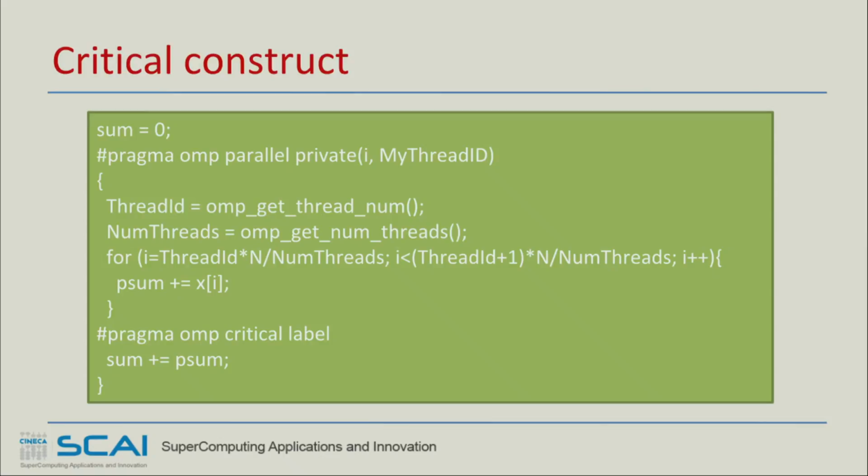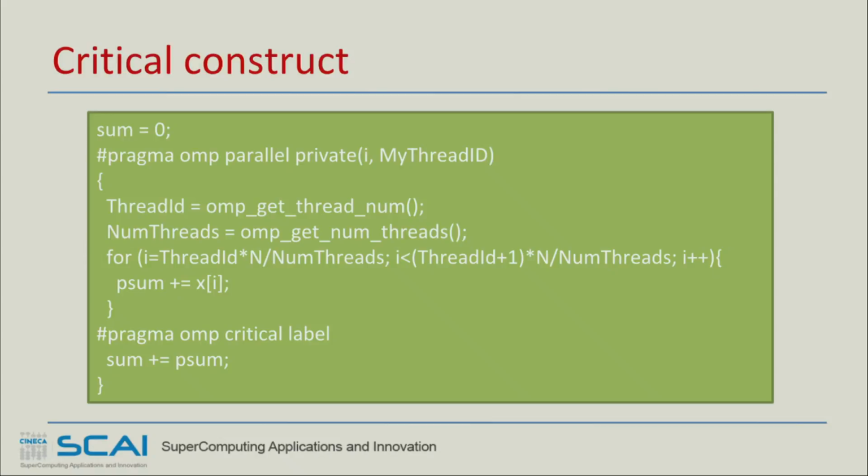In this part, there is not a race condition, because each thread contributes only to a part of the sum. You see that the index in which the cycle is running is given by the thread ID. So each thread just performs a part of this for loop.